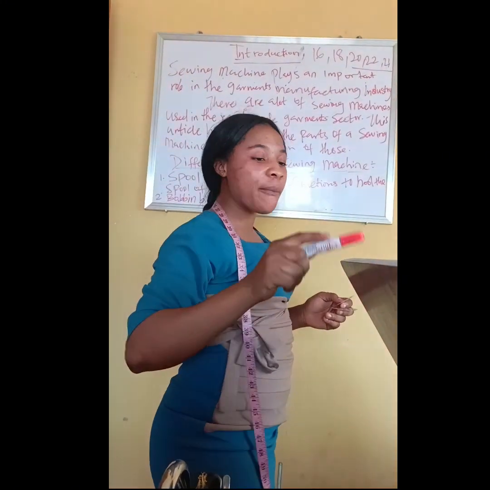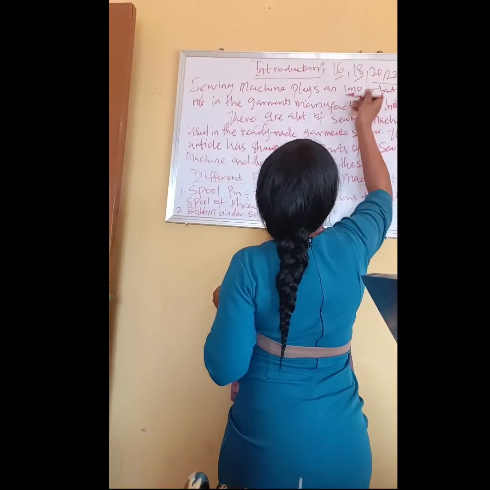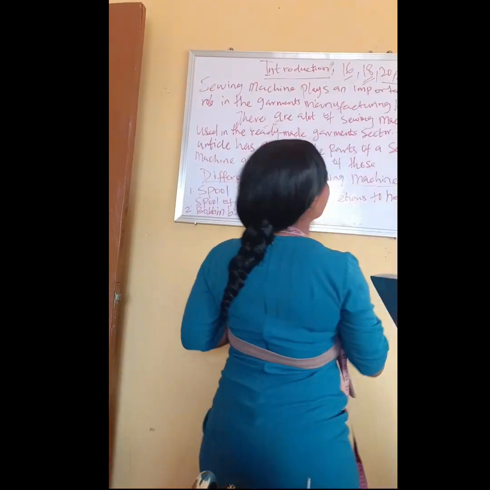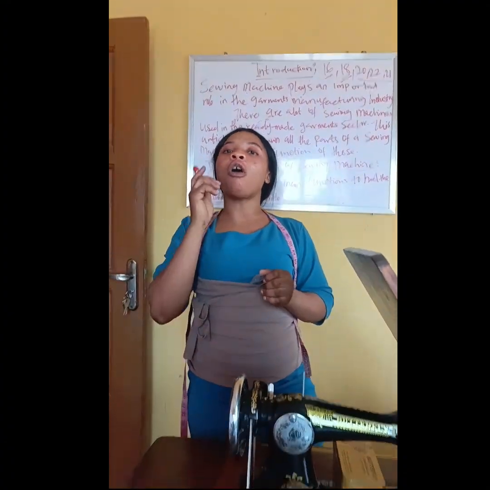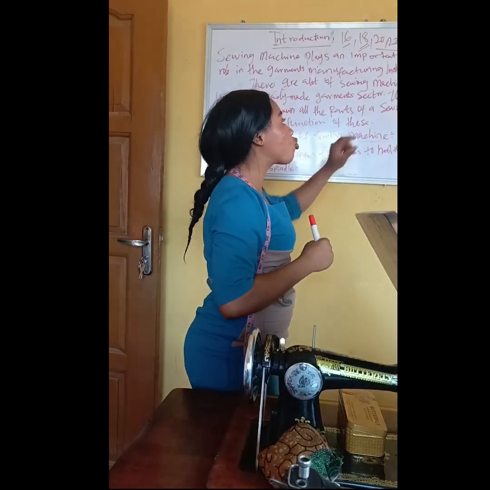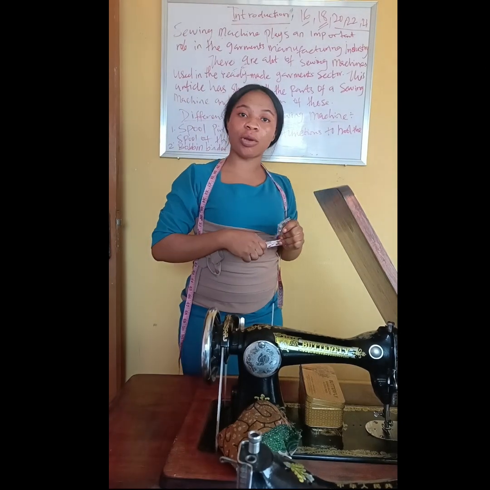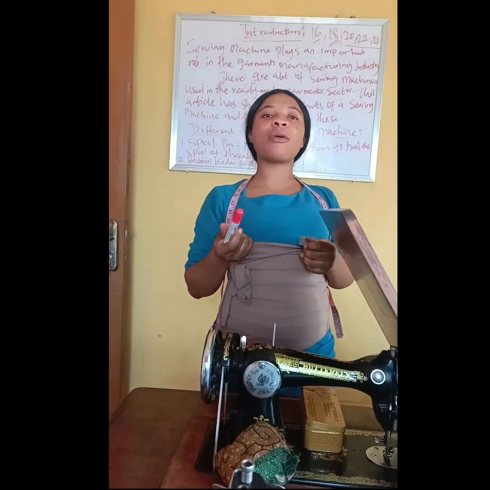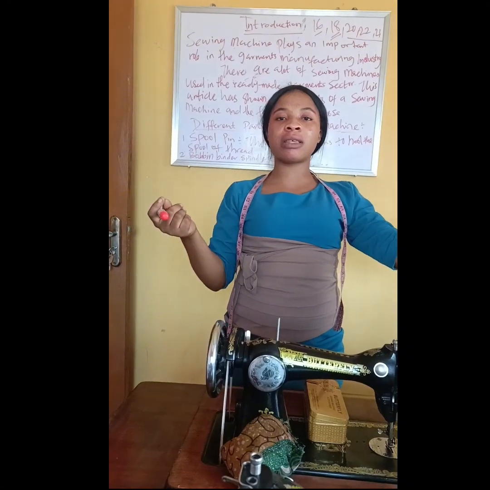For the manual machine, you can make use of 16, you can make use of 18, but it is majorly 18 that is used, especially based on the texture of clothes you want to make. Not that you can't use 20 for this manual machine, you can, but then it has to be for a specific garment or dress.